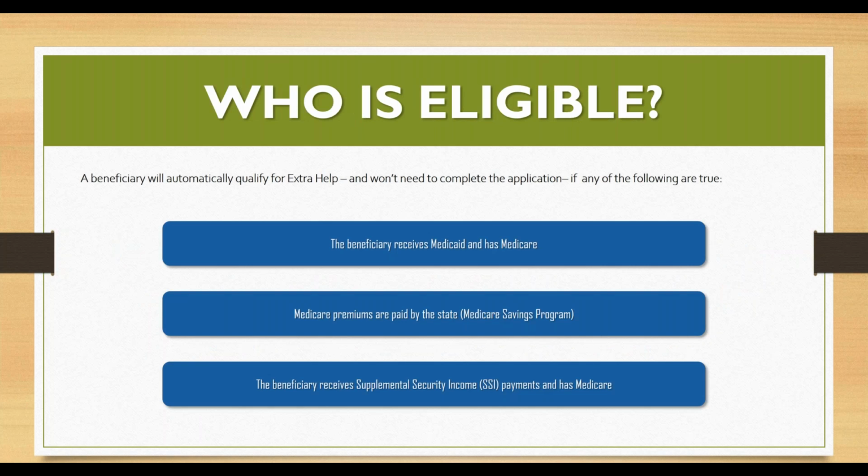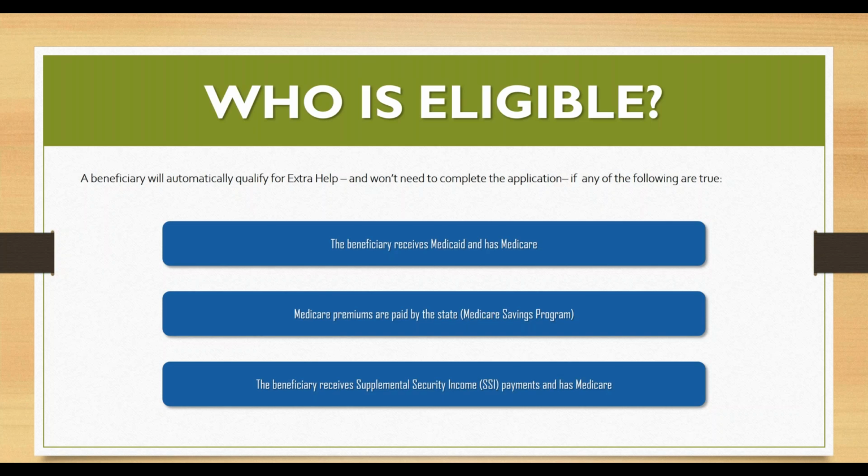So we do look at who is eligible. These are the ones that are automatically receiving the extra help, or the LIS. You don't even need to do an application if they're receiving Medicare and Medicaid.